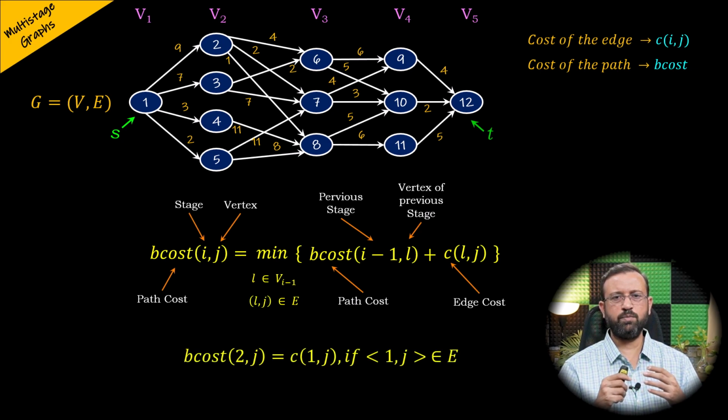And the cost of the path for every vertex j in stage 2 is the cost of the edge from source vertex 1 in stage 1 to every vertex in stage 2, that is C(1, j), where j is the vertex in stage 2. Remember, BCost is the cost of the path and C is the cost of the edge.